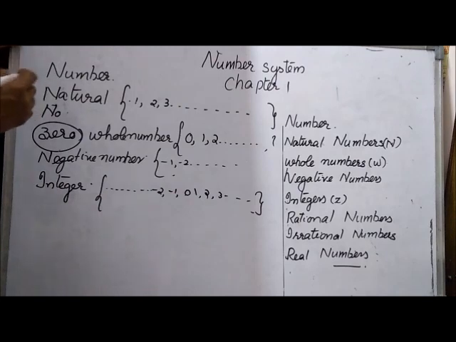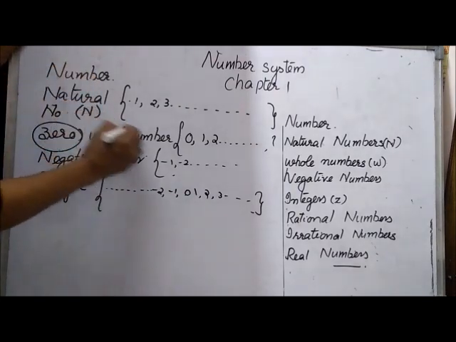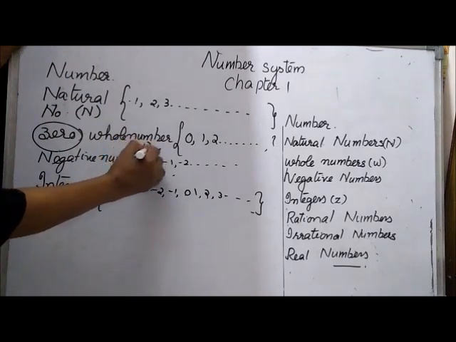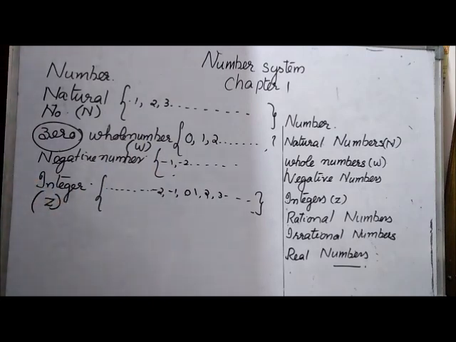Now this natural number is denoted by N, whole number we denote by W, and integer we denote by Z.